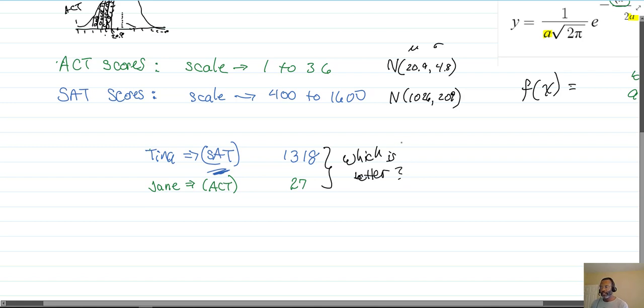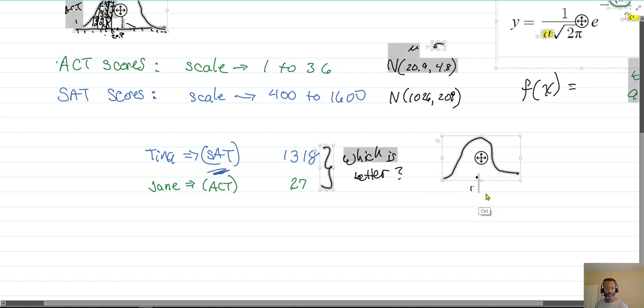Well, one way to think about this is to remember that both curves fall within a normal distribution. One normal distribution had a mean of 1026. Let's show that there.